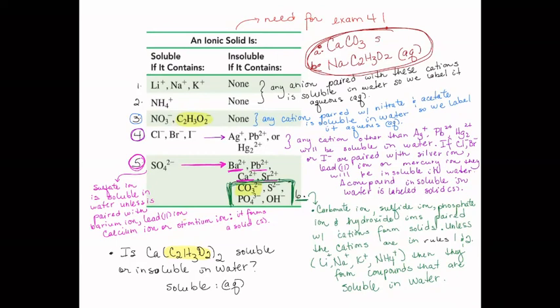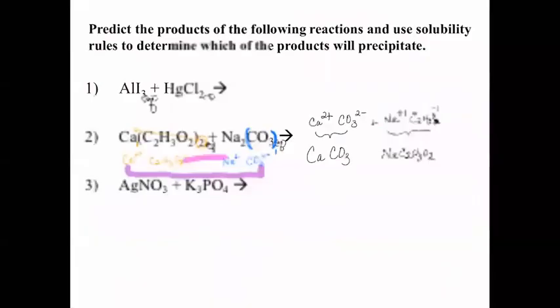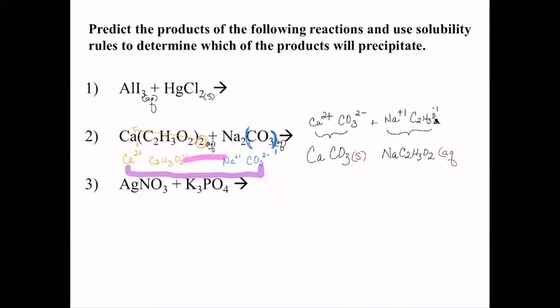The reason why this is going to be solid is because carbonate, in order to be soluble, needs to be paired with anybody in rule 1 and 2. If it's not paired with that, it's going to be a solid, okay? So in this double replacement reaction, this is a solid, this is aqueous.